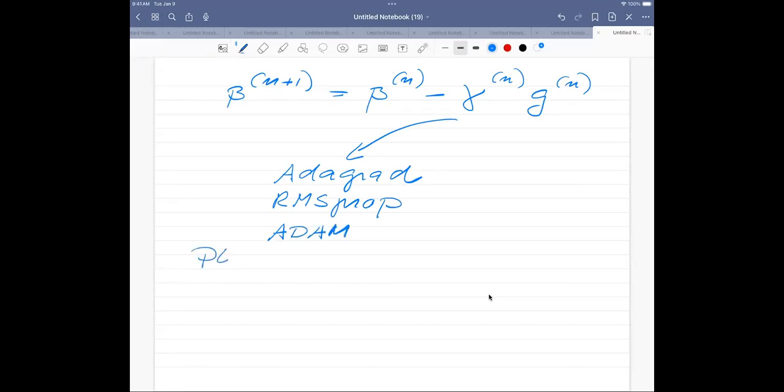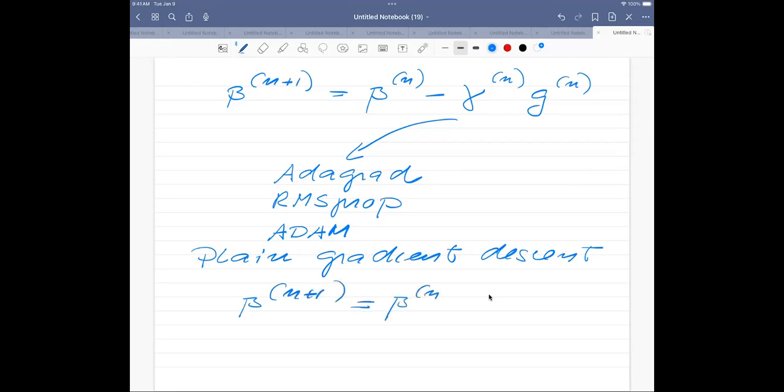But plain gradient descent, the most stupid way you can implement it, is just based on us having beta of n plus 1 equal to beta of n minus a fixed gamma multiplied with g of n. And that's the kind of method which we are going to look at now, and some of the first implementations.